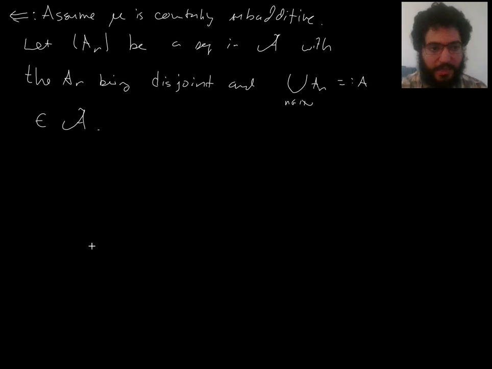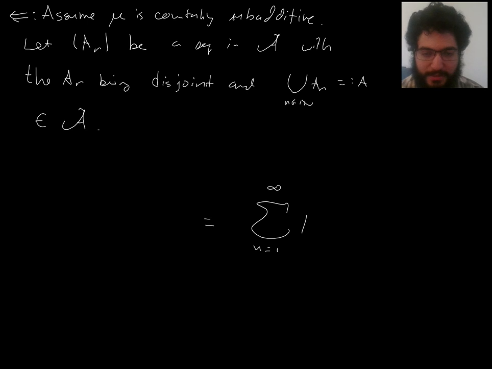I think now I'm running into that same problem again with the series possibly not converging. At this point, the goal becomes to prove that the mu of the union is the sum of the mu's, right? And included in that assertion is that the series converges.